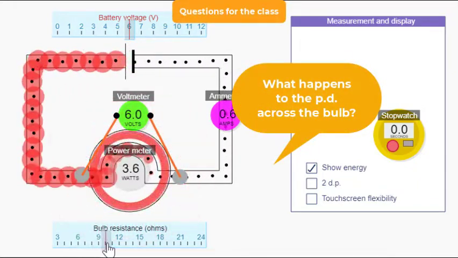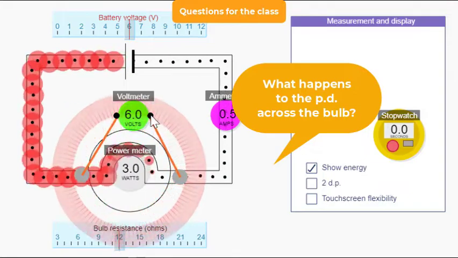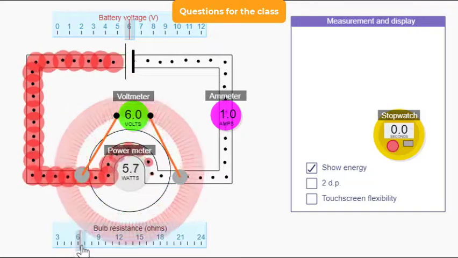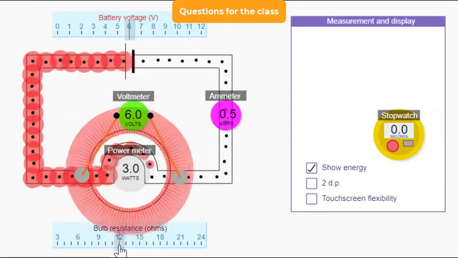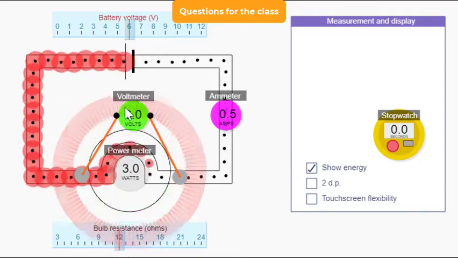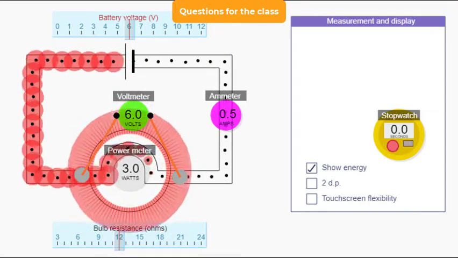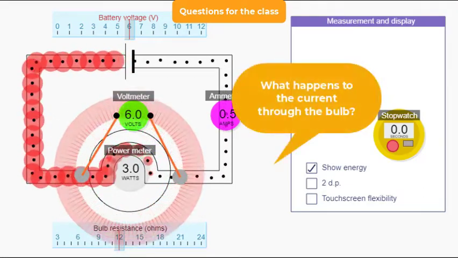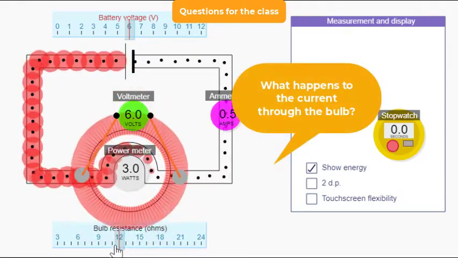What happens to the PD across the bulb? It stays the same, 6 volts, because power supplies are constant voltage providers. What happens to the current through the bulb?